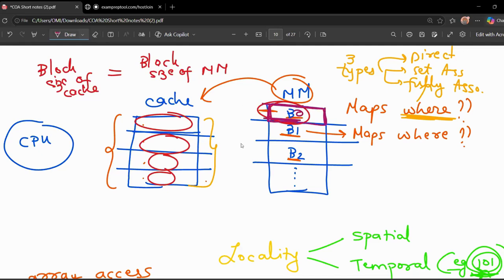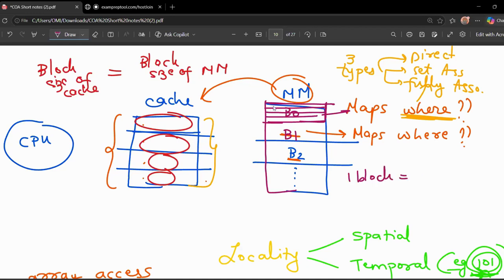Each block has some size, some bytes. For example, one block equals 4 bytes.